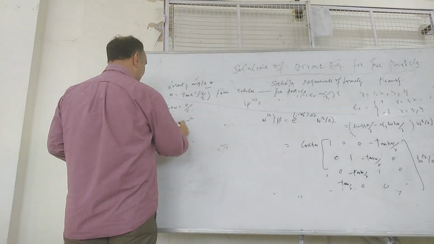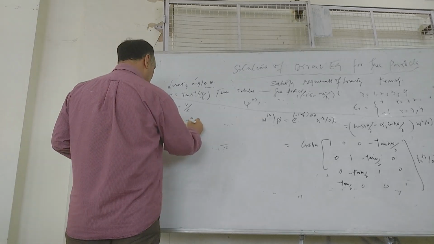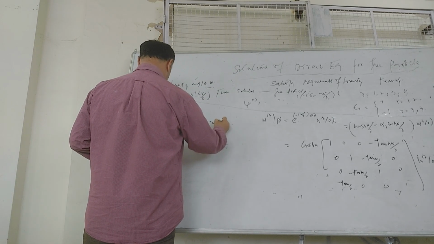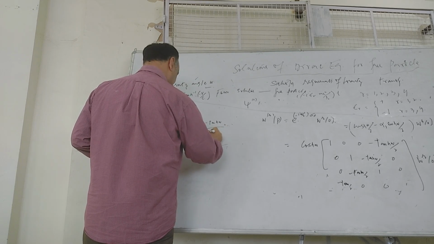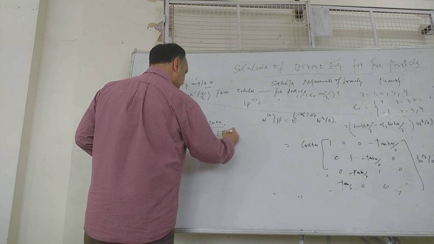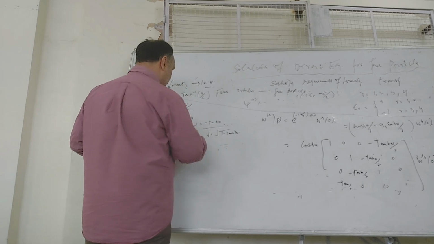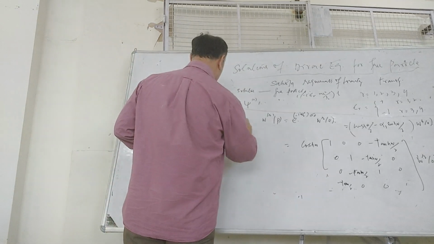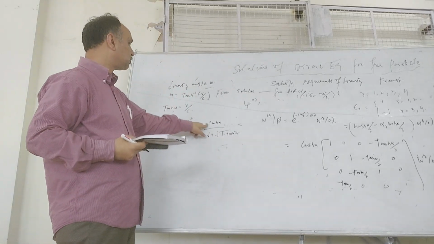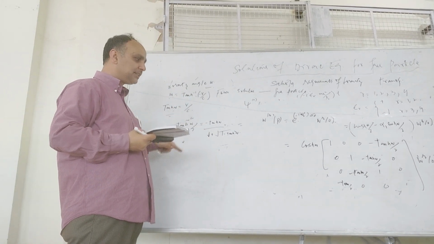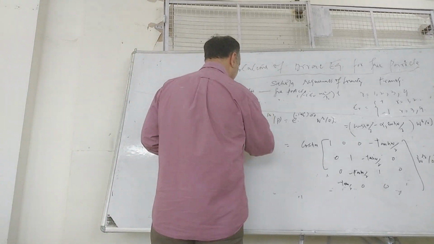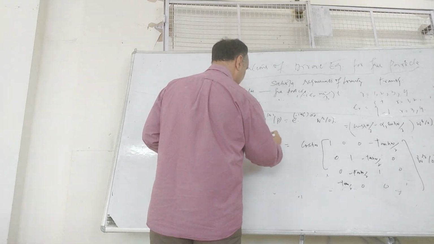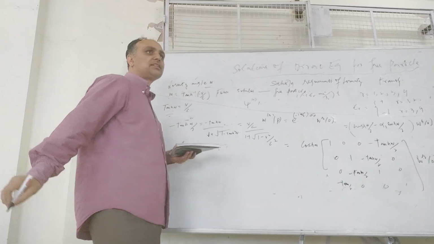So tan of H omega by 2 can also be written as, so you can write it. It's a trigonometric value. So again, since tan of H omega, you can write it as d by c, लिख सकते हैं.